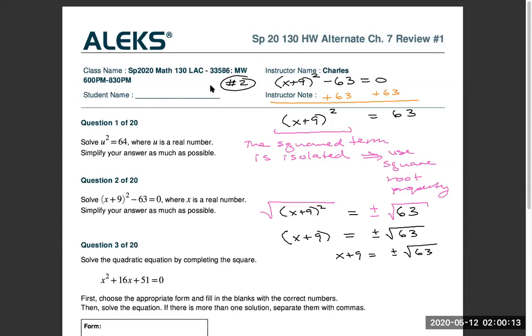All right, now here, I want you to remember what the goal is. The goal is to find values of x that are real numbers, and x is right here. So what that tells me is my next step is to subtract 9.